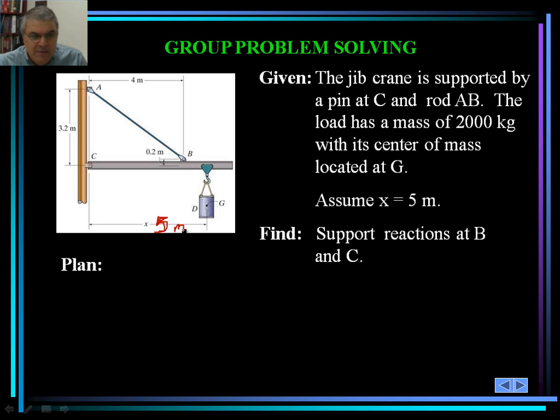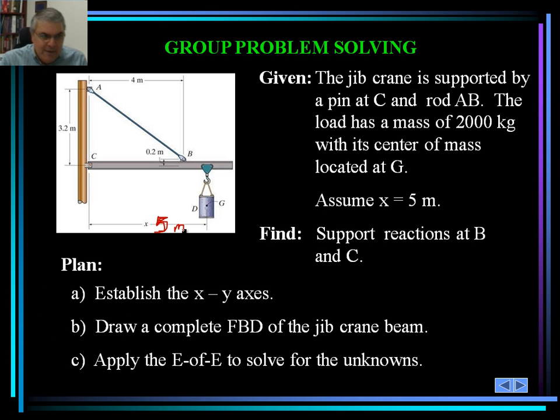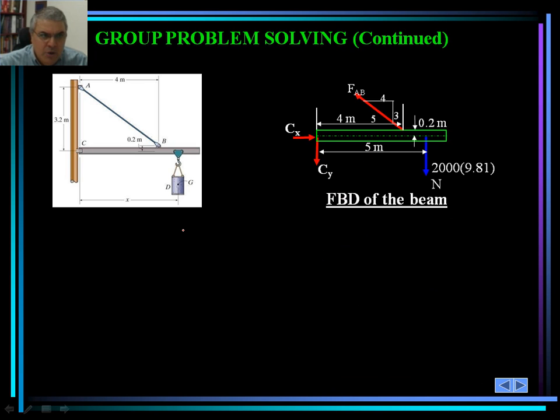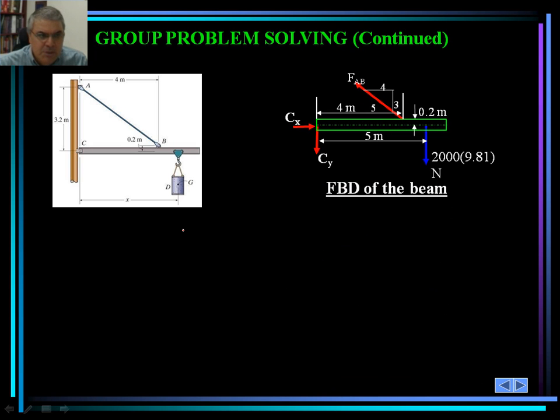Then we would find the support reactions at B and C. So first, let's establish the XY axis. Then we would draw the complete free body diagram of the jib crane. And then we would apply the equations of equilibrium to solve for the unknowns. Let's get to that.